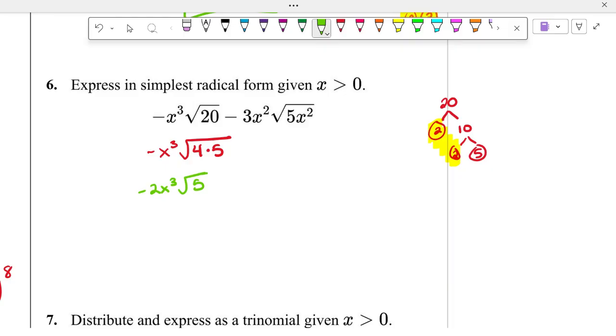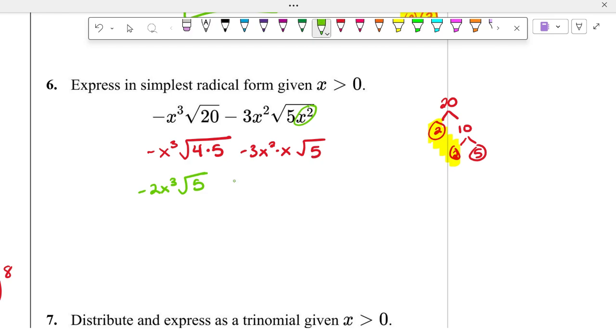Now, the second radical, what's the only part that I'm going to have to square root? The x squared. Because the 5, we just can't do anything because it's prime. So what's the square root of x squared? X. So if I bring it out, I'm multiplying. This would be negative 3x squared times x square root of 5.